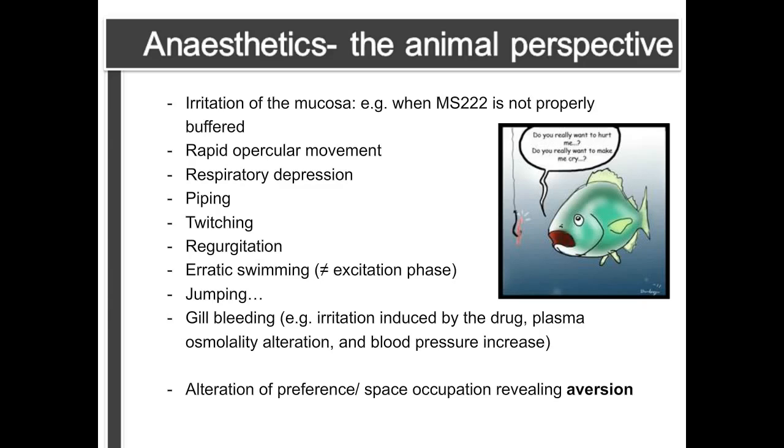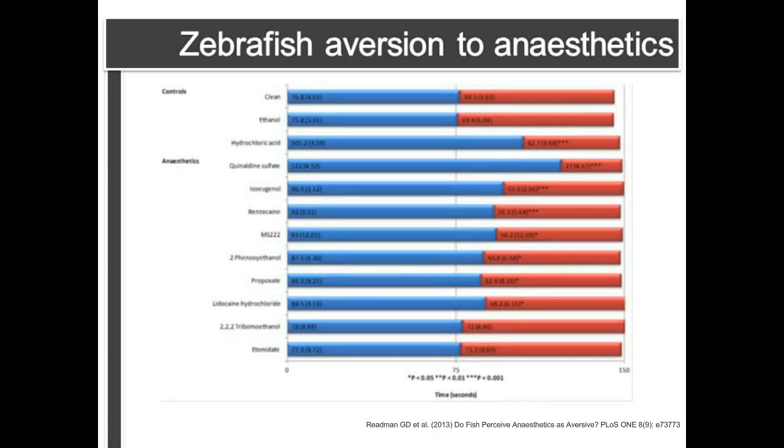And also when the fish are facing some anesthetics and it alters their behavior, for example, their preference or their space occupation. And about aversion, there are two articles that were recently published that I have to talk about.